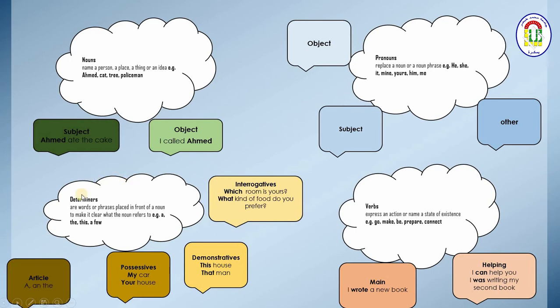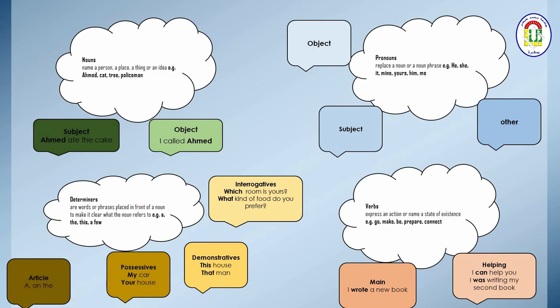The third part of speech is the determiner, which is a word or a phrase placed in front of a noun. It precedes the noun, and it is used to make it clear what the noun refers to. For example, it can be an article: a tree, an apple, the apple, or the tree.